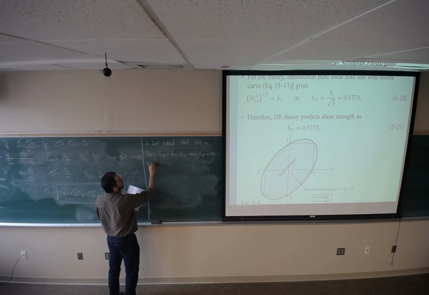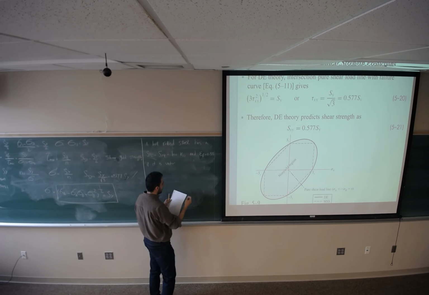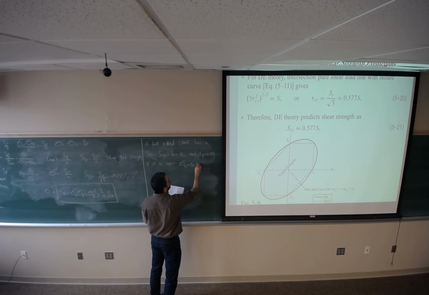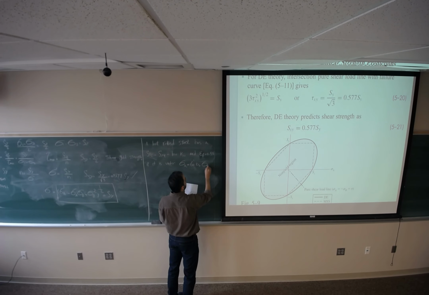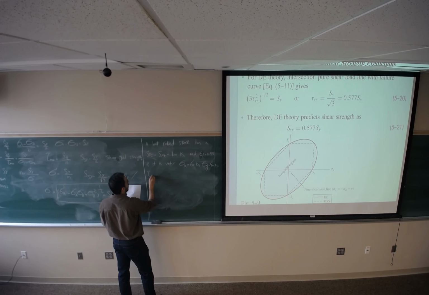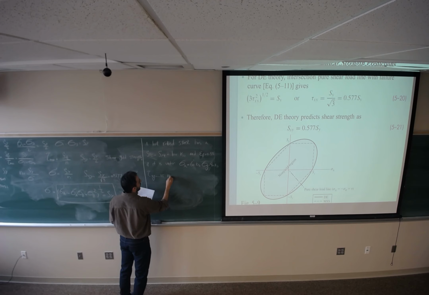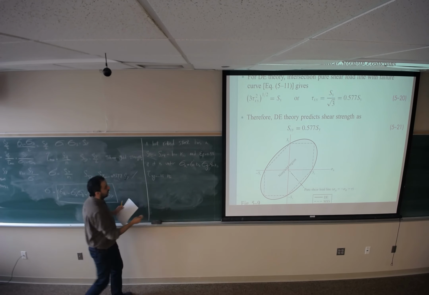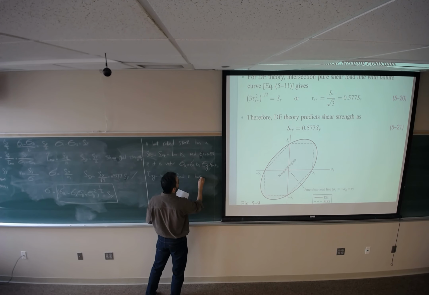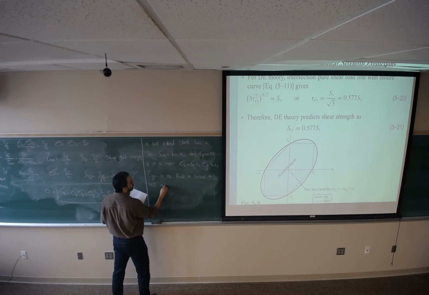If this material is under a stress element of sigma x equals 60 kpsi, sigma y 40 kpsi, and shear stress tau xy equals negative 15 kpsi, find the factor of safety based on maximum shear stress theory and distortion energy theory.